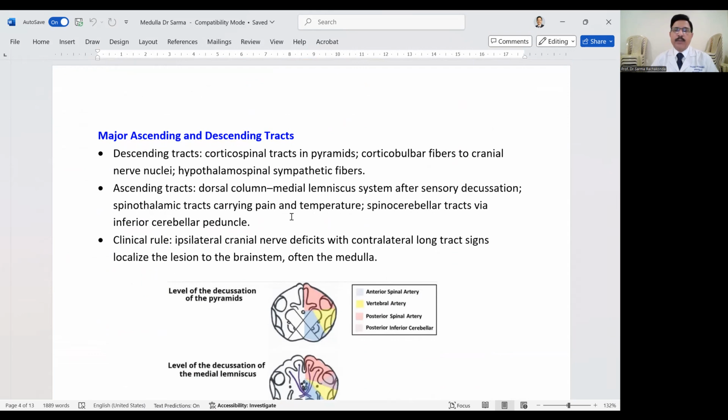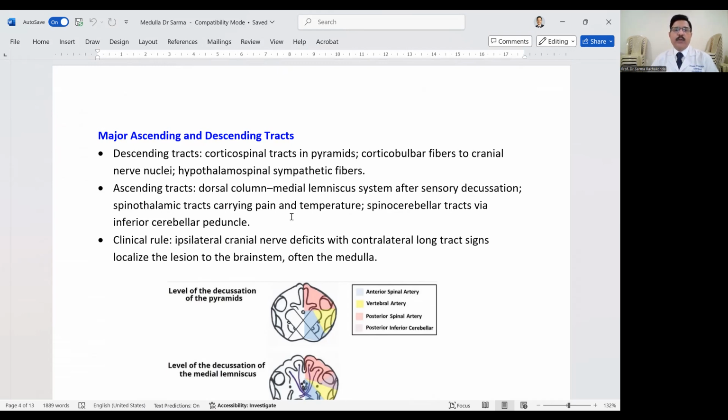Corticospinal tracts, the pyramids, corticobulbar fibers to the cranial nuclei, and hypothalamospinal sympathetic fibers. These are the main descending fibers. Ascending tracts are the dorsal column medial lemniscus system after sensory decussation, spinothalamic tracts carrying pain and temperature, and spinocerebellar tracts via the inferior cerebellar peduncle.